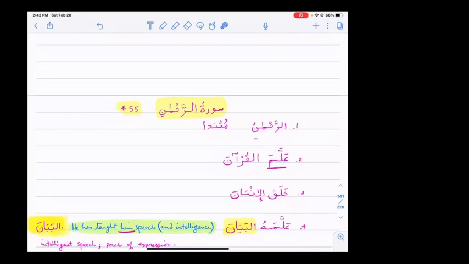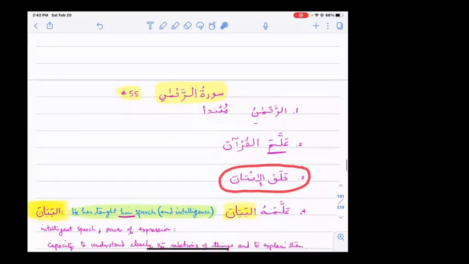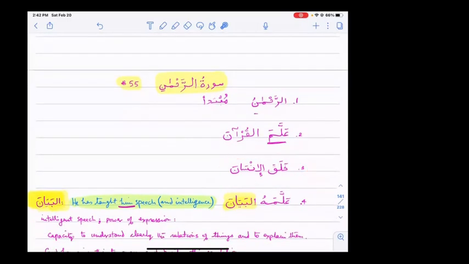So I will write down that omitted thing here. The third verse is Khalaqal insana. He created the human being, all human beings.